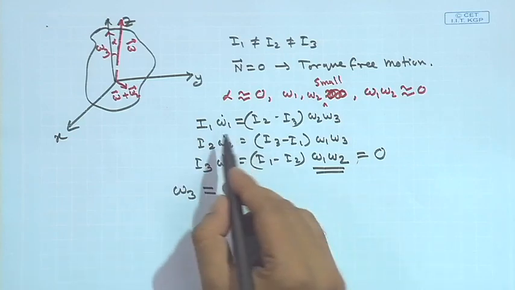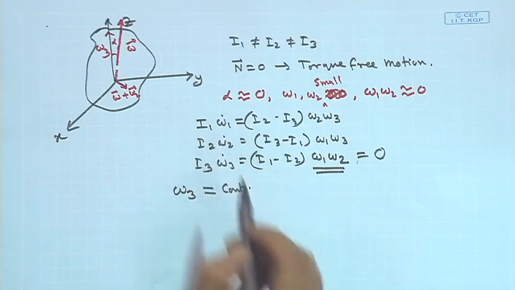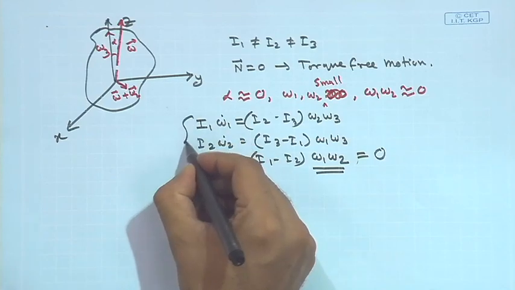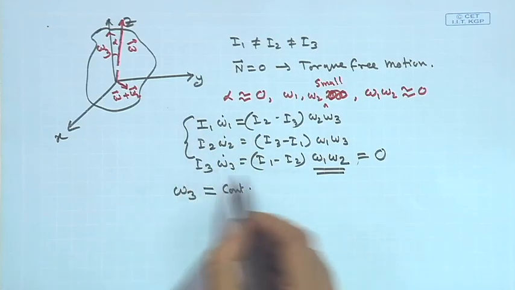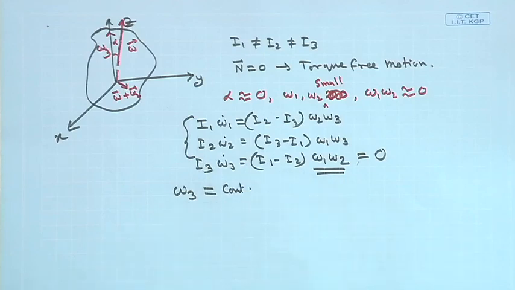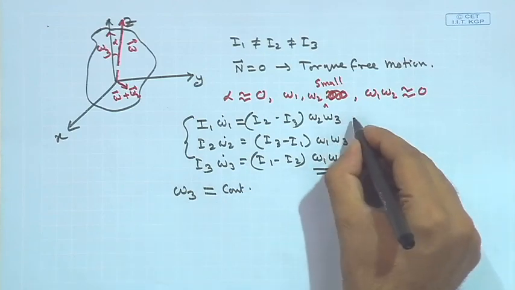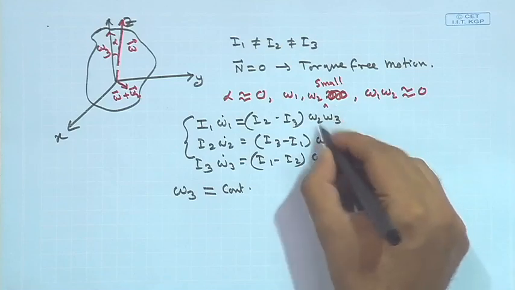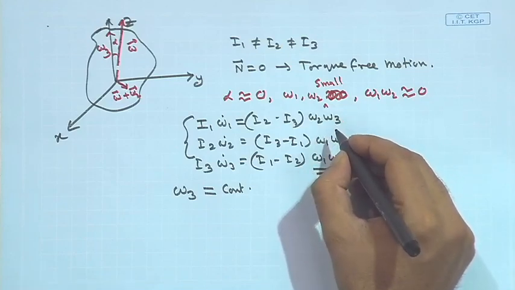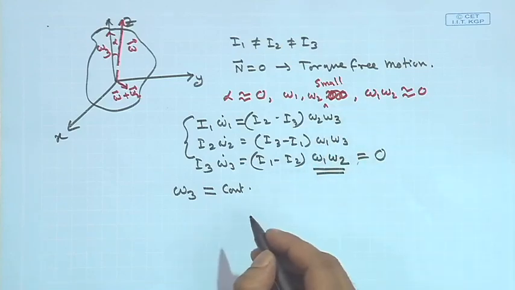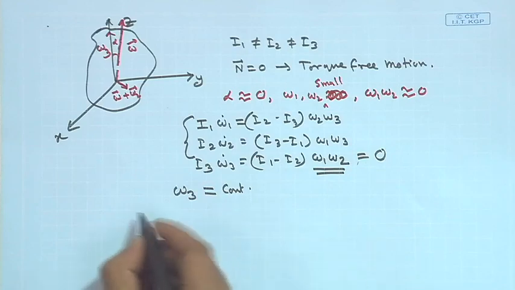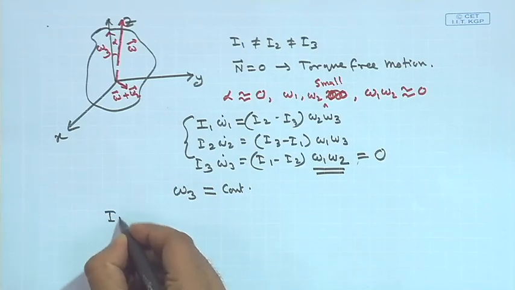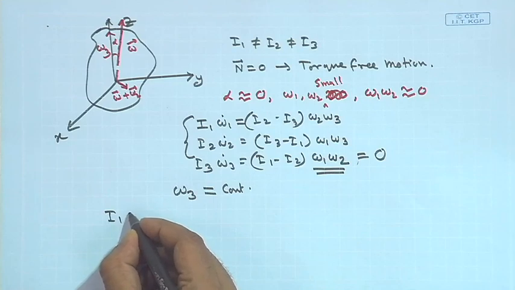Now, once again, we are left with these two equations. The third equation gave us omega 3 dot equal to 0. We can substitute omega 3 constant in this equation, and then what we can potentially do is the same construction like we did for the symmetric top.